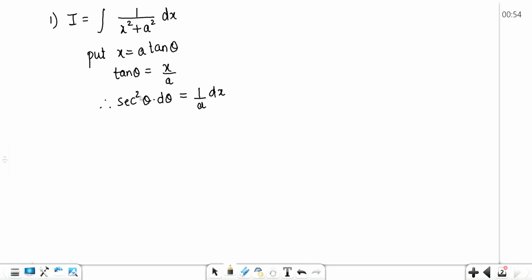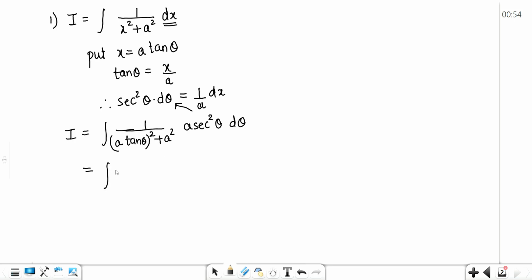Now we will substitute in I. So the value of dx will be a sec square theta d theta. You can take a on the left side, and this becomes 1 upon a tan theta square, substituting the value of x, plus a square.